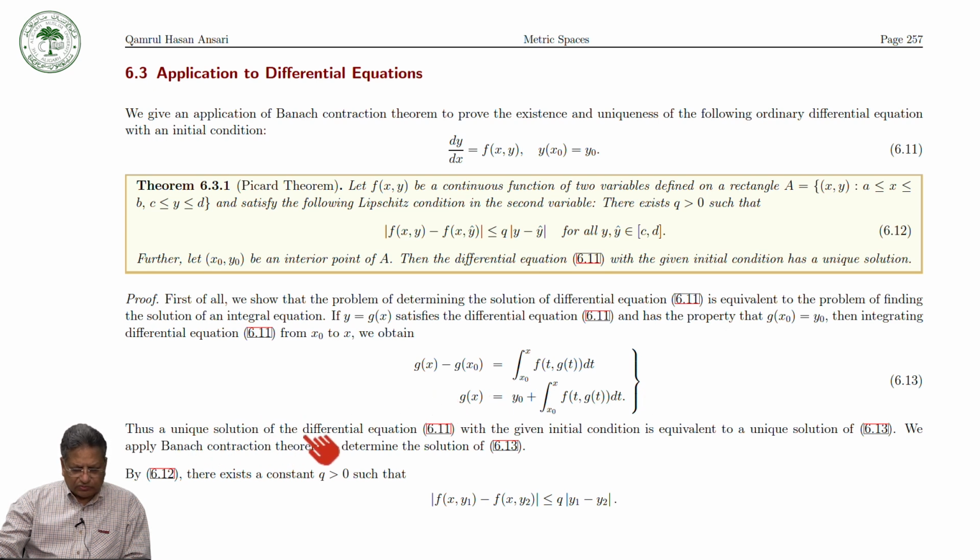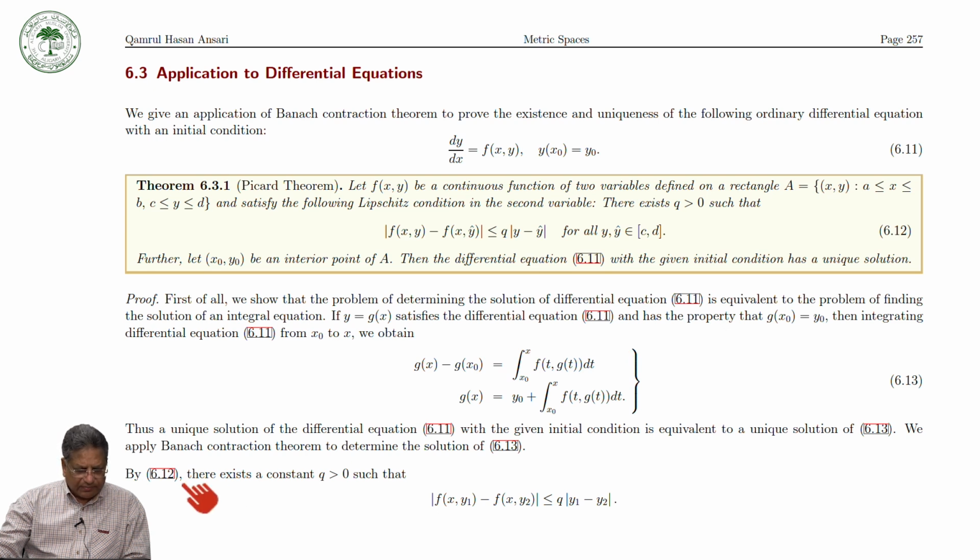Thus, a unique solution of the differential equation with the given condition is equivalent to a unique solution of this integral equation. Now, we apply the Banach contraction theorem to determine the solution of this one.